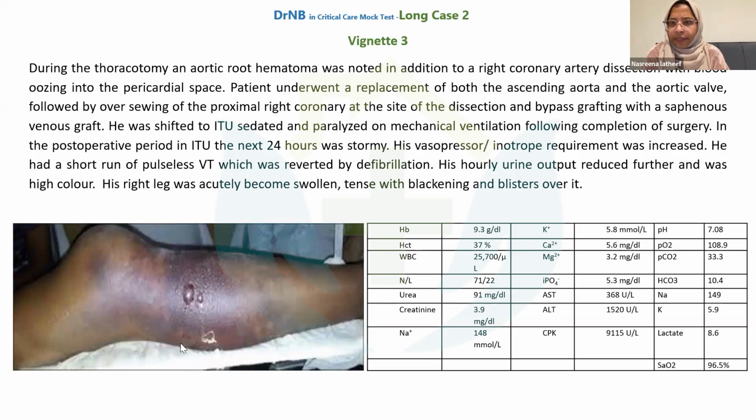The ABG is suggestive of high anion gap metabolic acidosis with partial respiratory compensation, which is also worsening compared to the previous ABG. So the patient is moving into septic shock secondary to necrotizing fasciitis involving the multi-organ system.